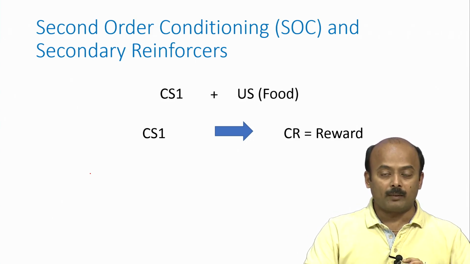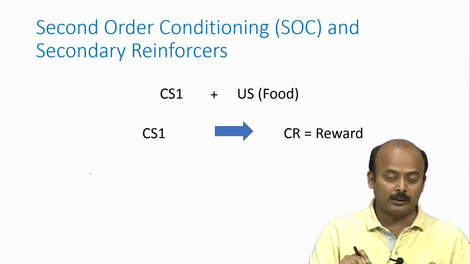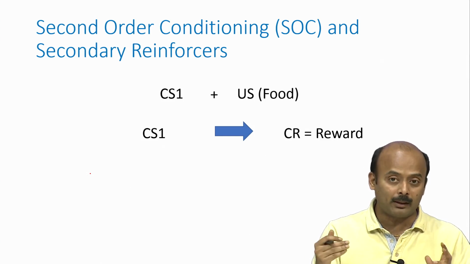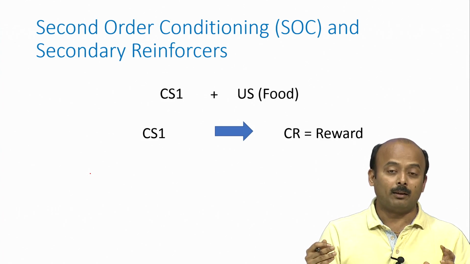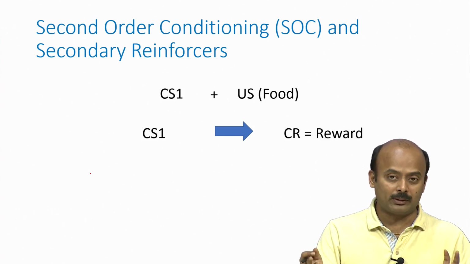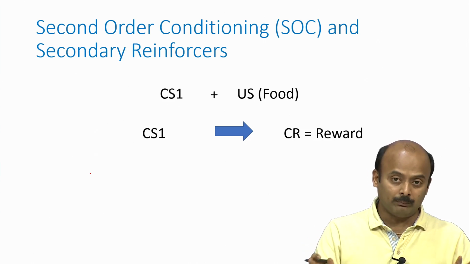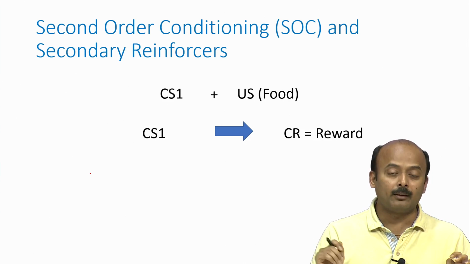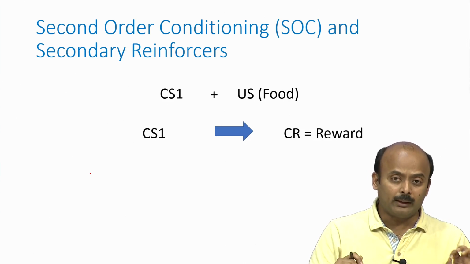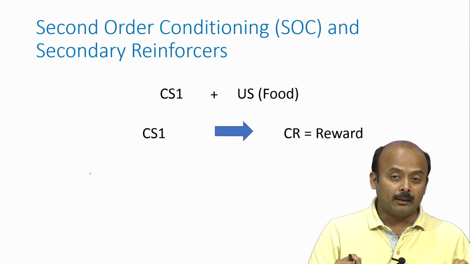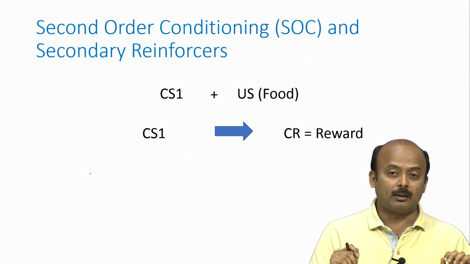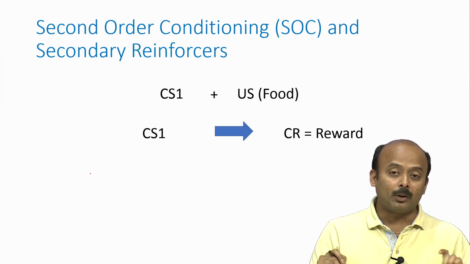But evolutionarily, there are only a few of these, called primary reinforcers, very analogous to Pavlov's US, the native responses. It is good to have them, no doubt about it, but if only they were there, it would severely restrict the animal's ability to moderate its behavior.